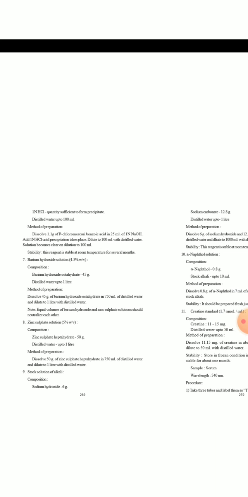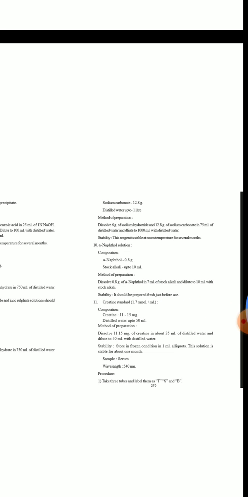Next we will prepare a stock solution of alkali. In composition we have sodium hydroxide 6 gram, sodium carbonate 12.8 gram, distilled water 1 liter. We will dissolve sodium hydroxide and sodium carbonate in 75 ml of distilled water and dilute to 1000 ml with distilled water. Stability: this reagent is stable at room temperature for several months.